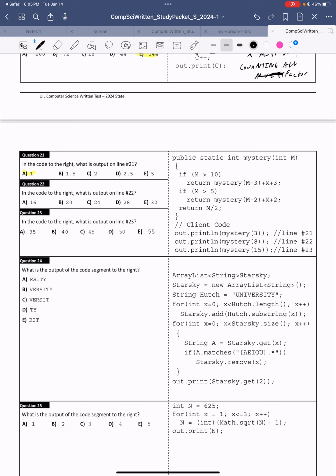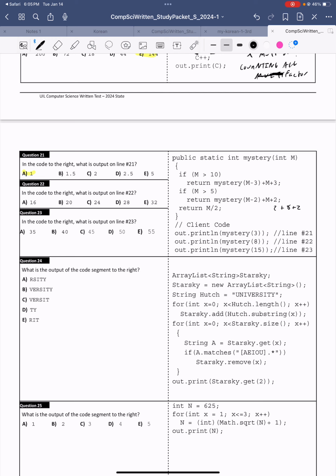Next one is 8. 8 is not greater than 10, so we go here. This is going to be equal to 2 plus m, which is 8, plus mystery of m minus 2, which is 6, plus m of 6. Well, what is m of 6? M of 6 goes here, and 6 is not greater than 10, but 6 is greater than 5.